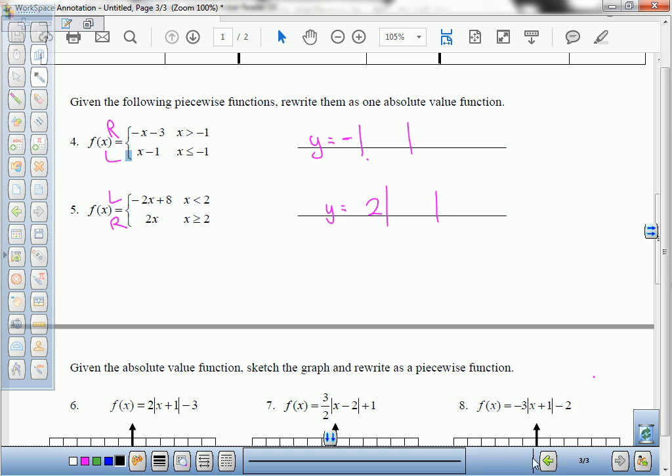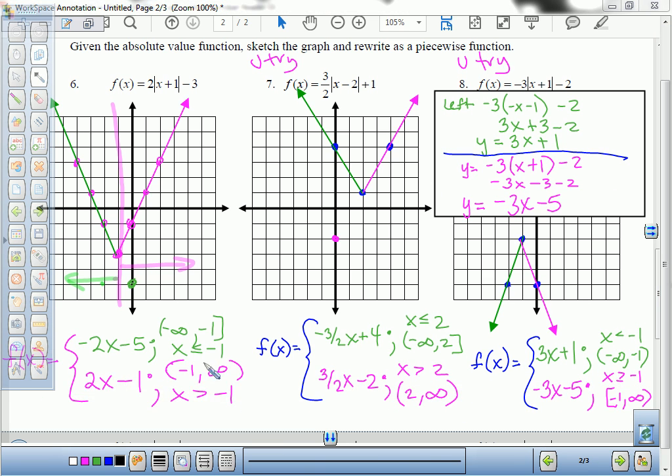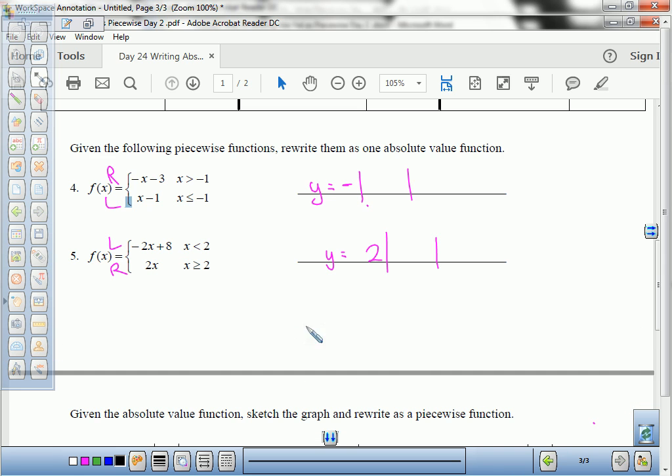Now, one other thing we can go back and pay attention to. Did you notice that every time down here, these numbers are the x value at the vertex? So guess what the x at the vertex is for this problem?